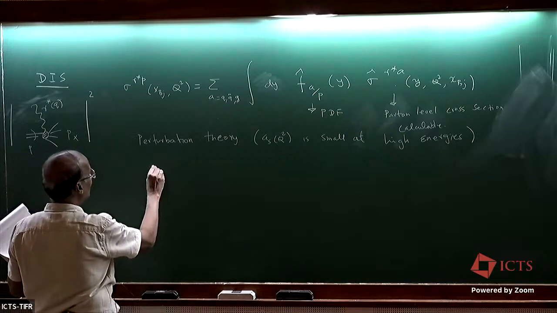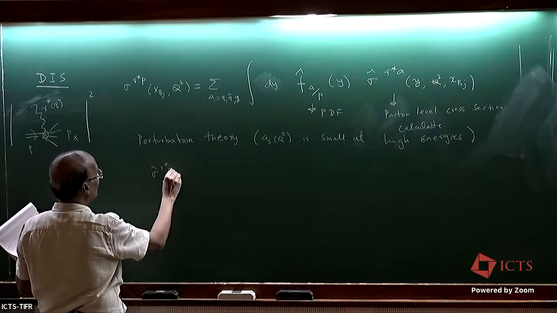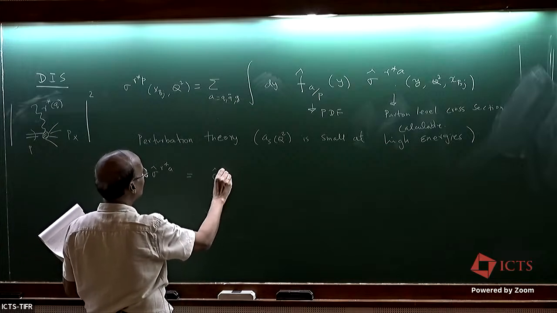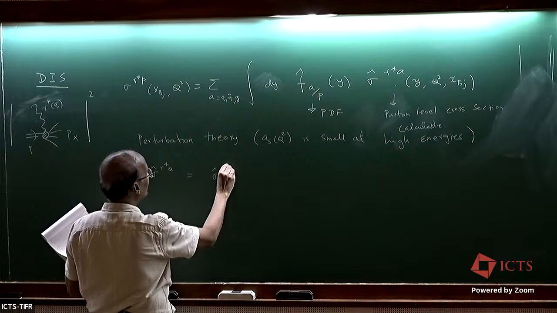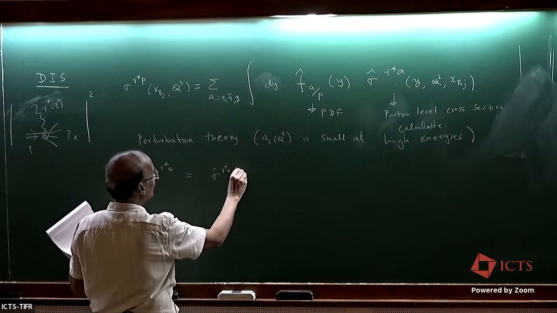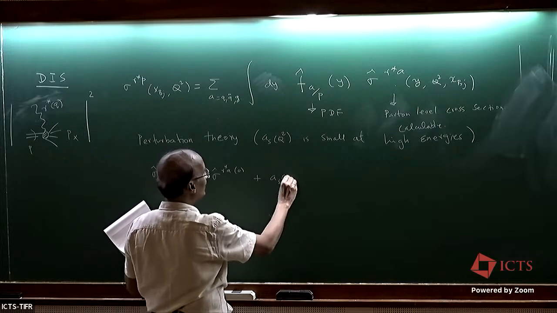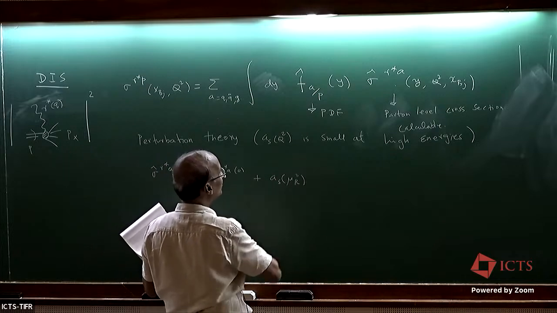What does perturbation theory mean? If you want to calculate this gamma star A quantity, I can calculate it as a series expansion in the strong coupling constant. Sigma gamma star A, zeroth order term plus first order term, which goes with alpha S of mu R square, because this coupling constant depends on mu R square.